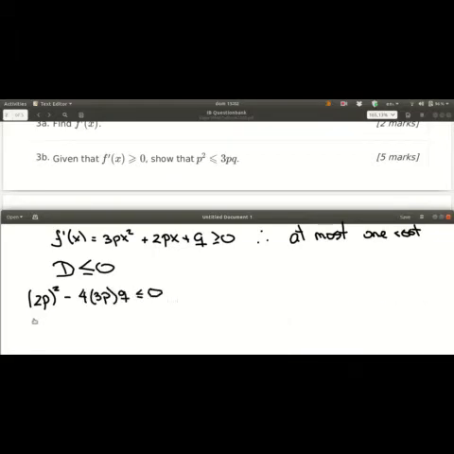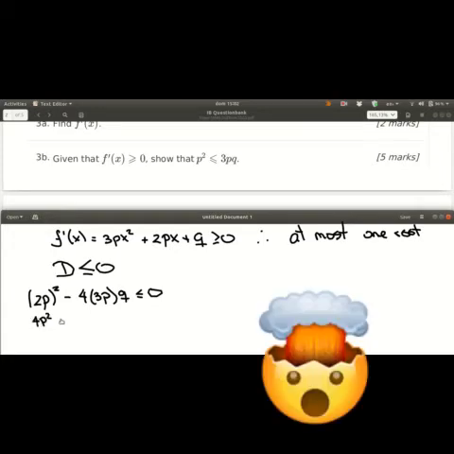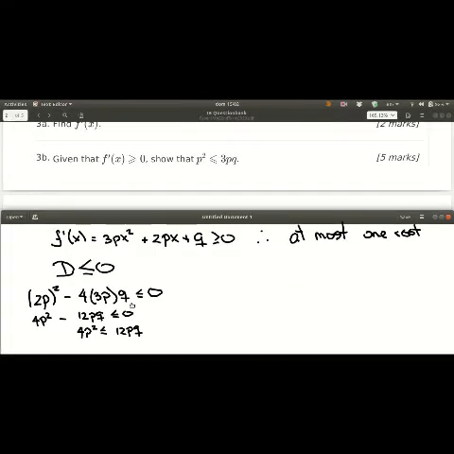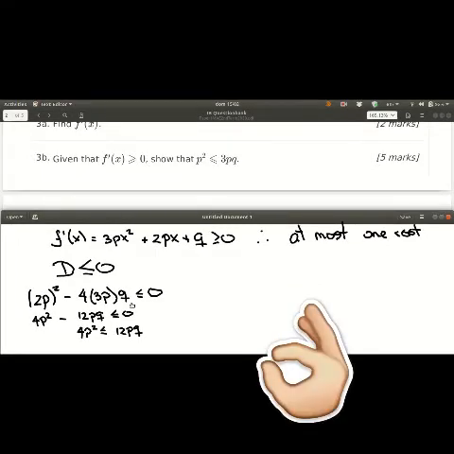After we set the discriminant less than or equal to 0, we can manipulate the expression until we find what we're looking for. Remember that the discriminant is only used with the coefficients, not with the variable parts. This was also a common mistake in a lot of exams.